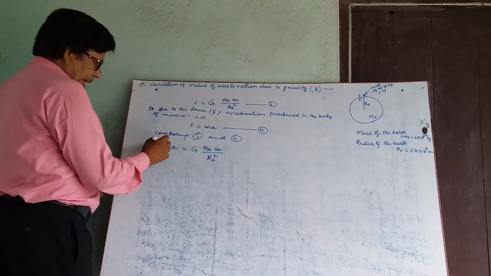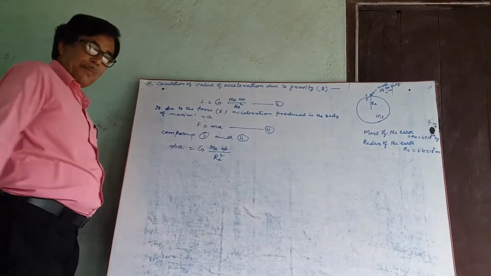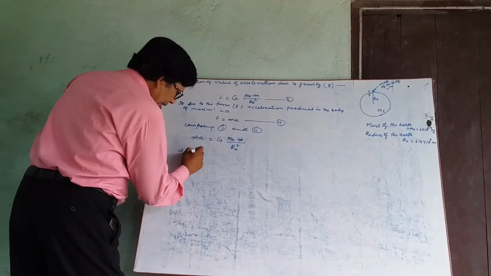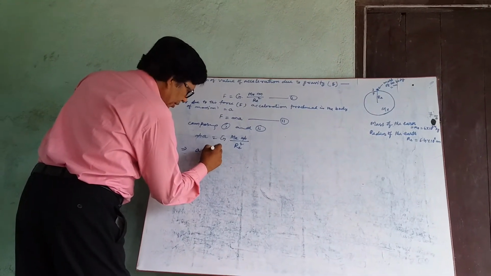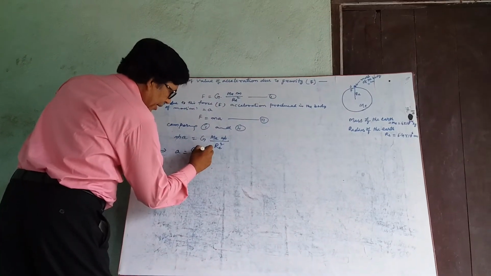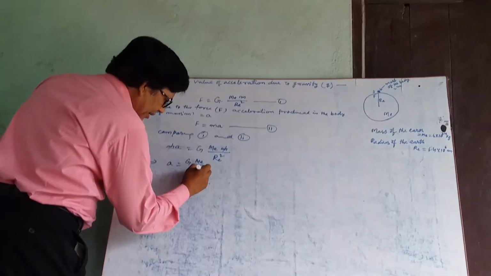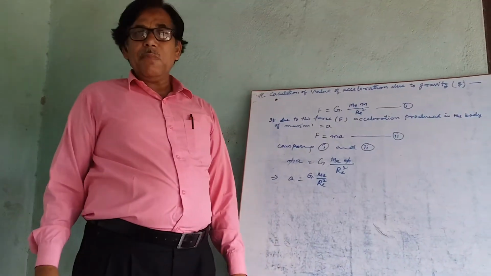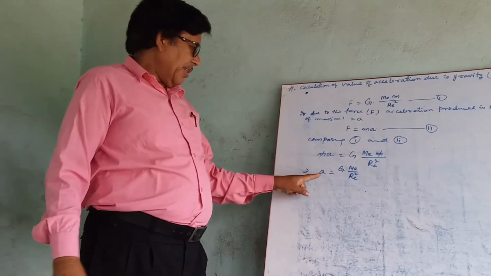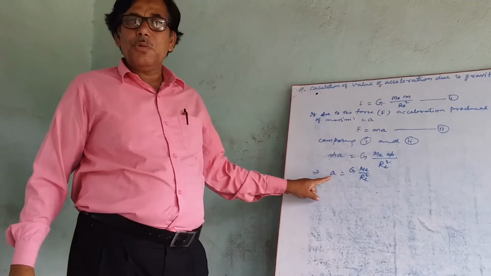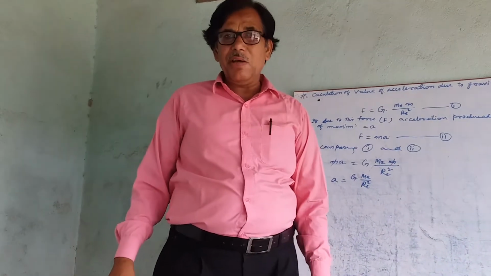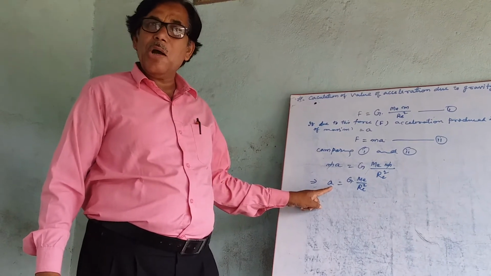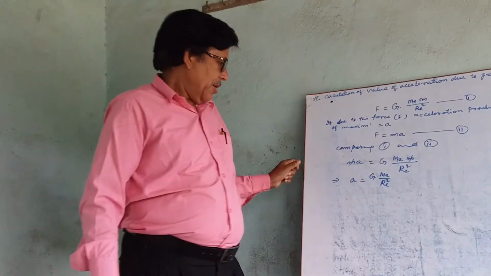Now we can cancel M and M from both sides. We will get a equal to G M_E by RE square. One thing keep in mind, this acceleration is due to the force of gravity, hence we can call it acceleration due to gravity, small g.